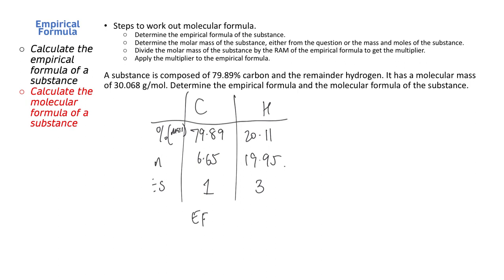Okay, so now that we've got the empirical formula out of the way, we can go start on the new stuff. Empirical formula, CH3. Okay, so how do we get the molecular formula here?